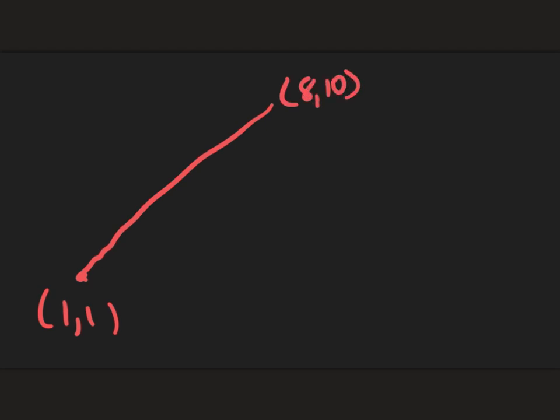So, if I say I'm given a line, and this point is 1, 1, and this point is, I don't know, 8, 10. So what I'm going to do is say the distance formula is equal to the square root.